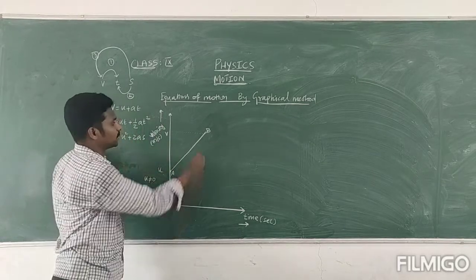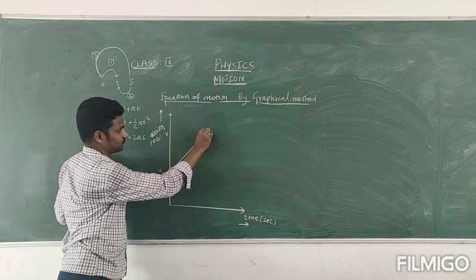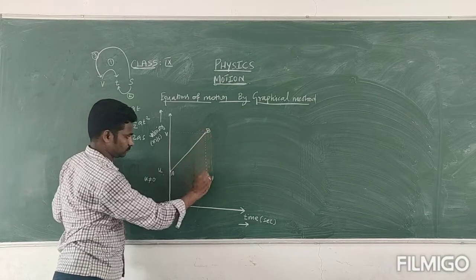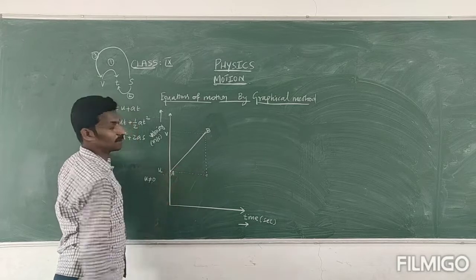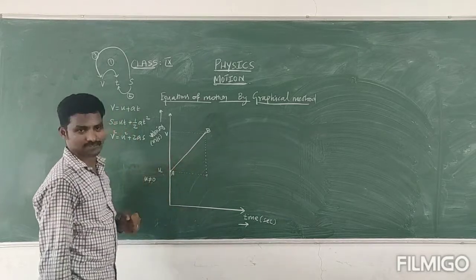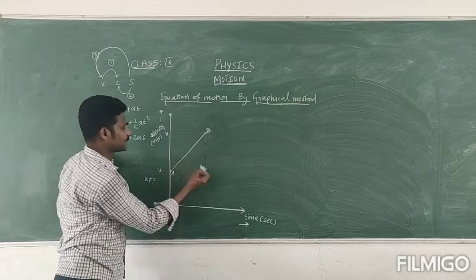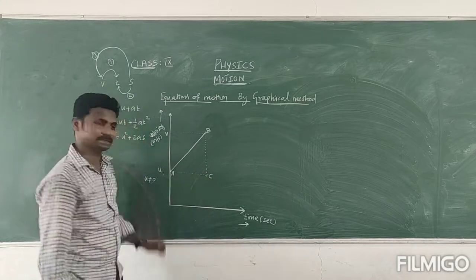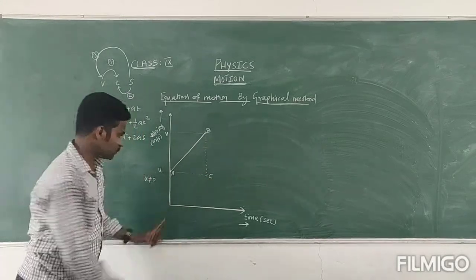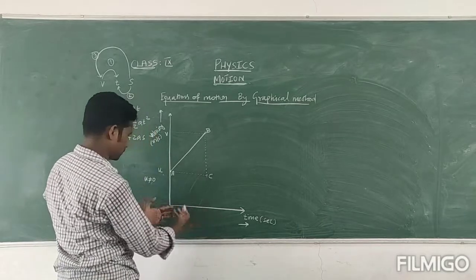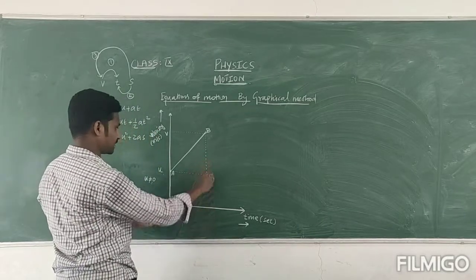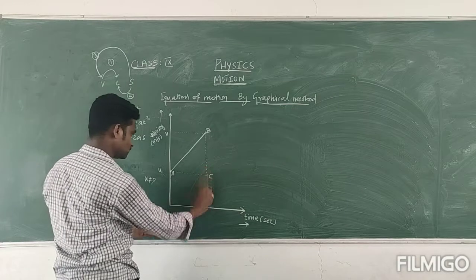So now let's take the slope. See that, now I'm going to take the slope here. This point I can mention as C. Now you know very well, for convenience I can join here.